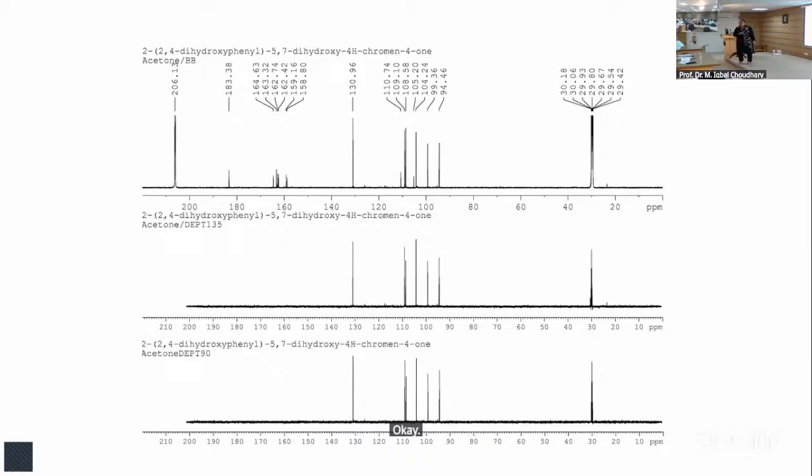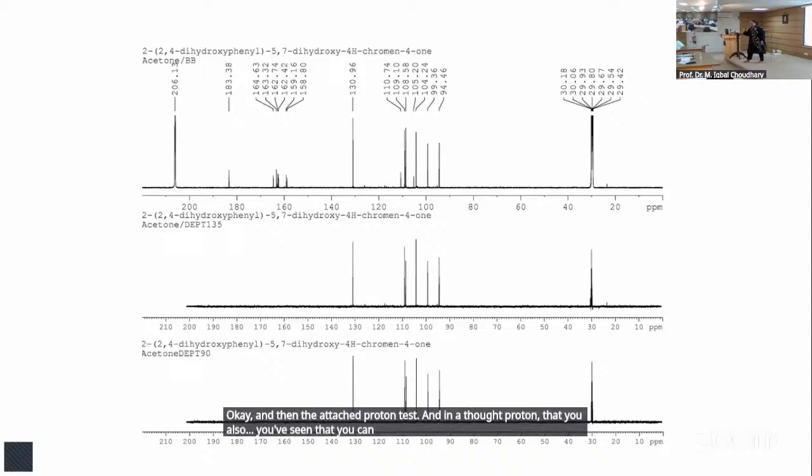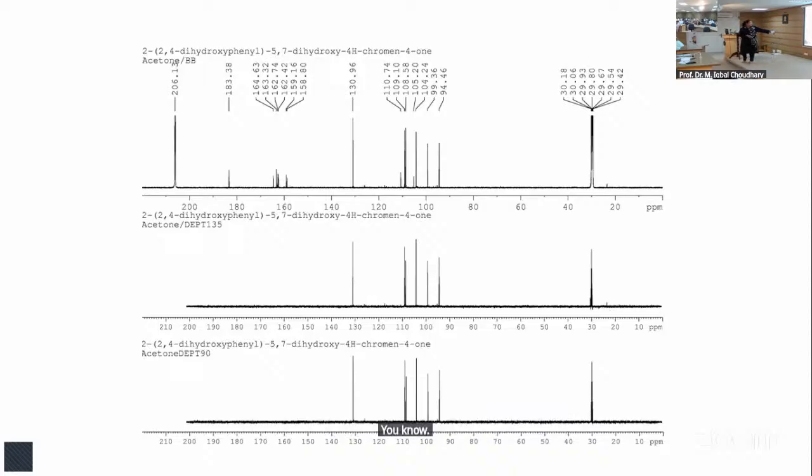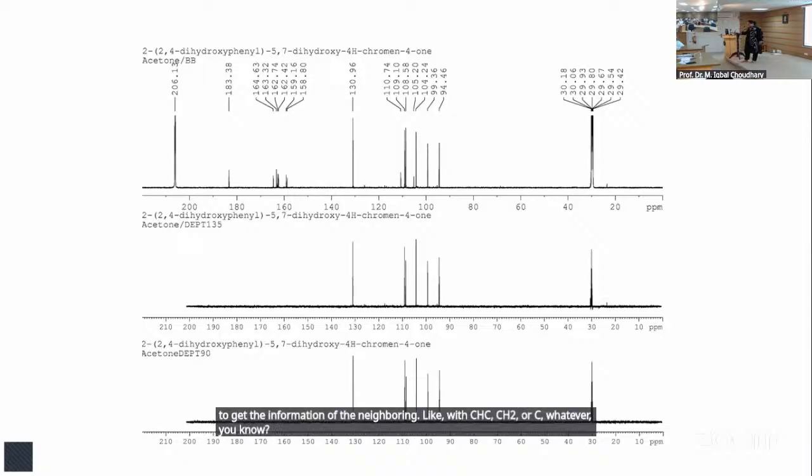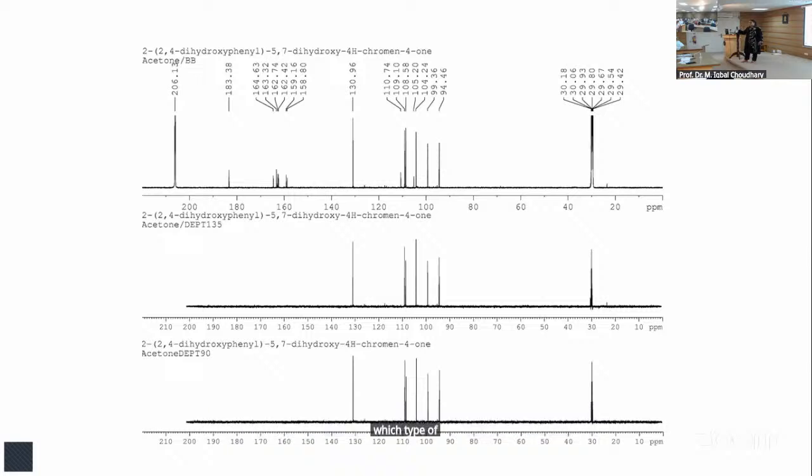In the attached proton test, you get the information about neighboring protons, like whether it's CH3, CH2, or C, which type of signals they are. DEPT also gives the same, and this is the next generation.